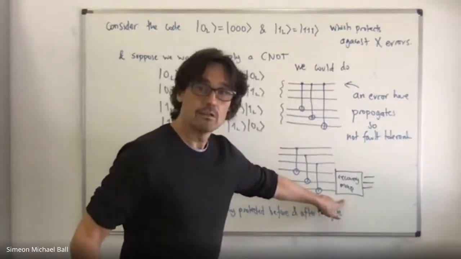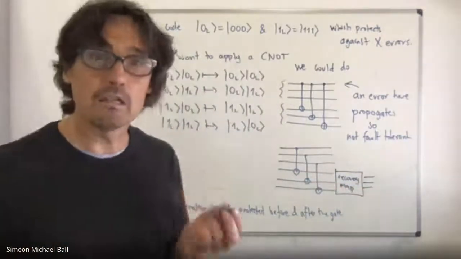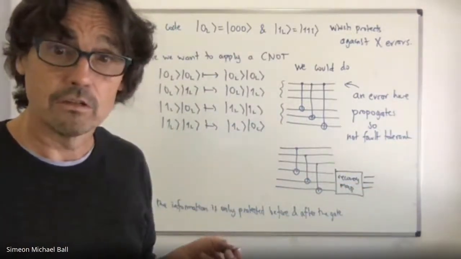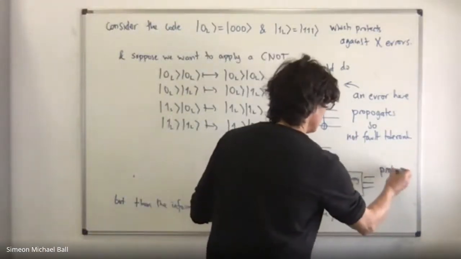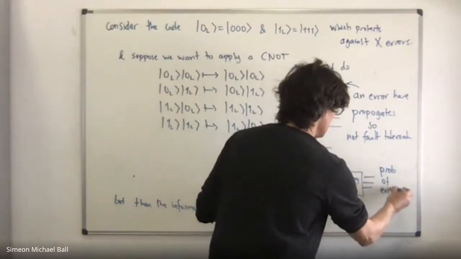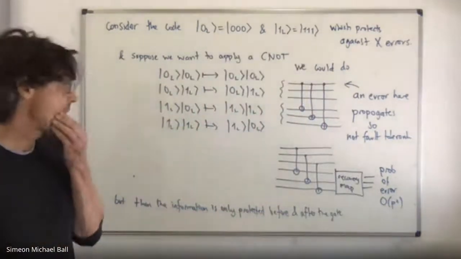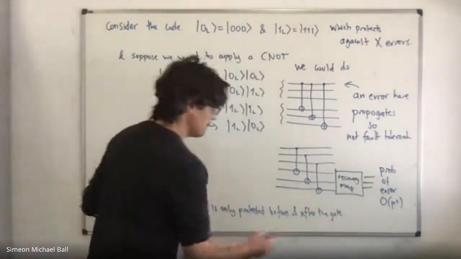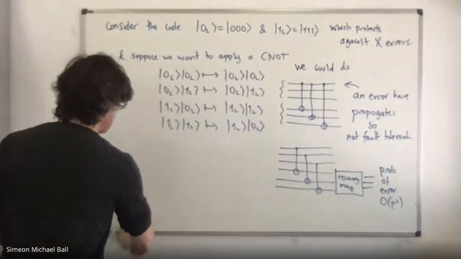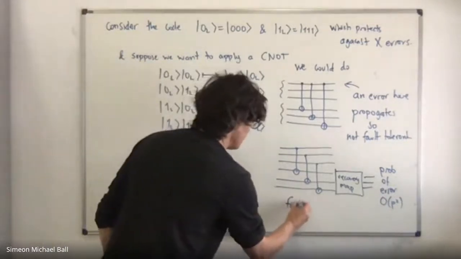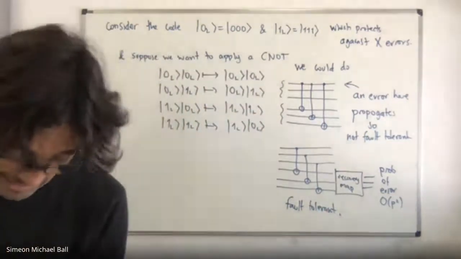So if something happens here, and we apply the recovery map, it goes back okay, unless 2 errors have occurred. So our probability of error here is now order p squared. So this is fault tolerant. Okay, so that's basically the argument. And of course, in this case, it's very easy to design a fault tolerant CNOT. But in general, it's not.